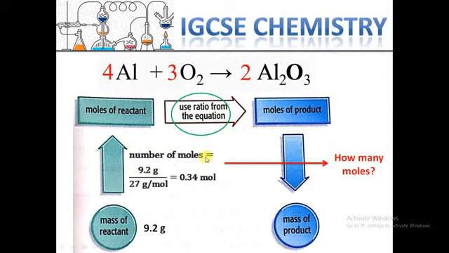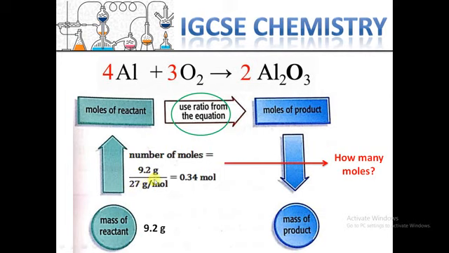The number of mole, as we learned before, is the amount of the mass we have divided by the mass value which can be obtained from the periodic table. The mass of the aluminum is 27 gram per mole.